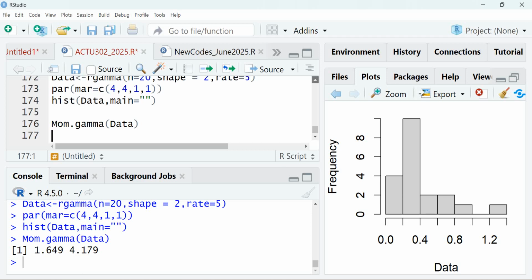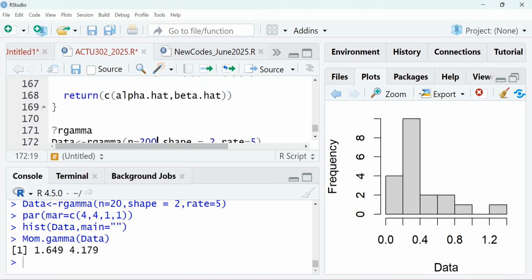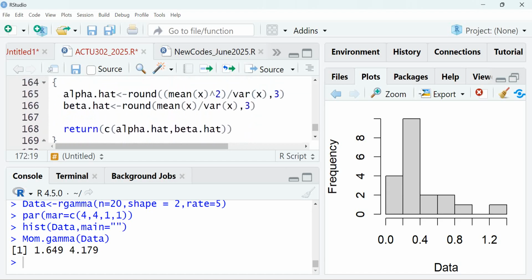So what I'm going to do is also increase the sample size. I want to even go here and name them, so that when I display it, it will name them as shape and rate. Is that okay?